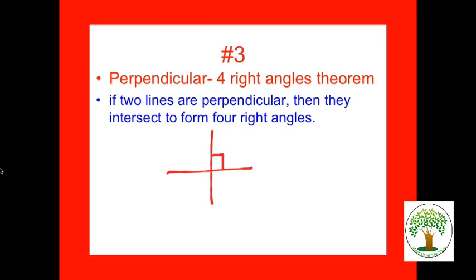It's almost like the definition of perpendicular. All right? This one's going to be vertical. It's going to be right across, so it has to be 90, right? And these two are adjacent, so they have to be 90. And then the vertical again, we've got 4 right angles. 1, 2, 3, 4.